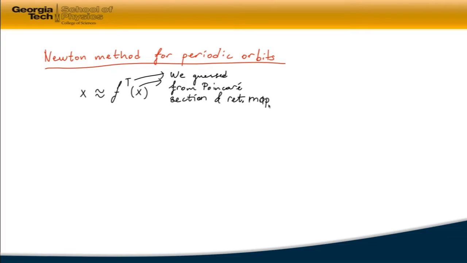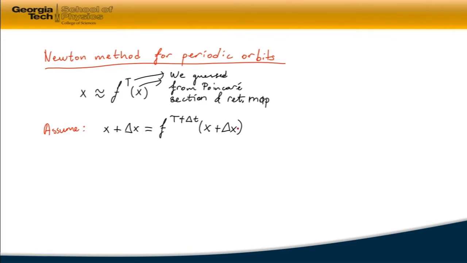Now we're going to assume that the actual periodic orbit is close to x, and if we add some delta x to x, the periodic orbit condition would be satisfied exactly. But what is this delta x and delta t?